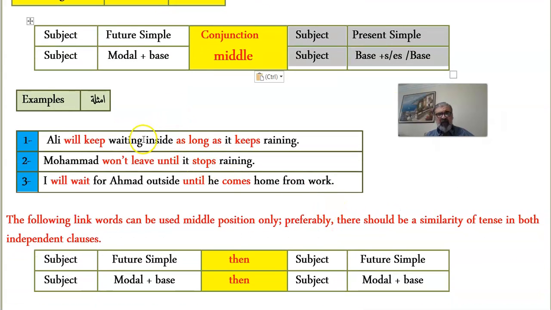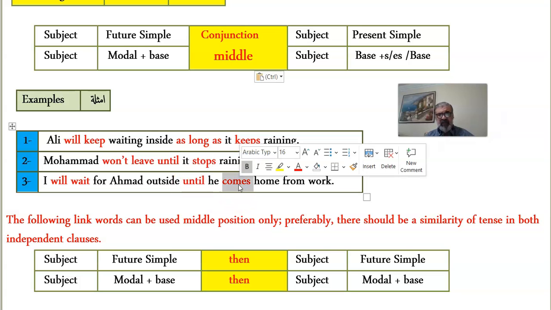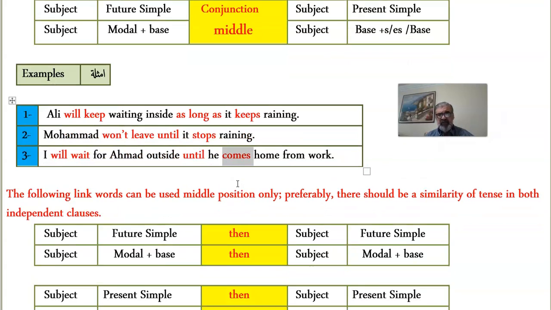Examples. Ali will keep waiting inside as long as it keeps raining. That means he's not going to leave unless it stops raining. Muhammad won't leave until it stops raining. Again, until, as soon as are used in middle position. I will wait for Ahmed outside until he comes. Again, comes here is in middle position.